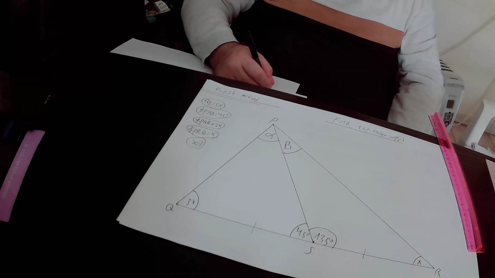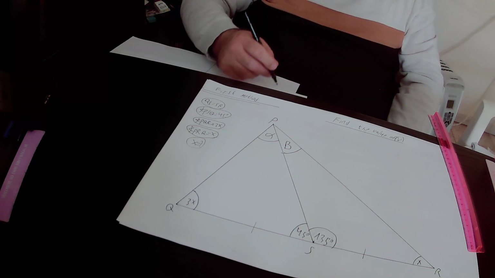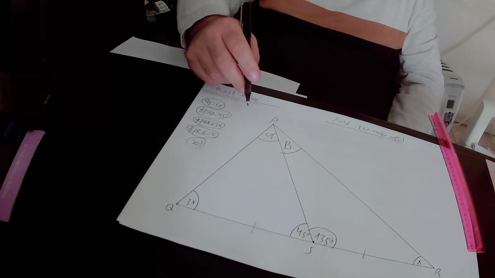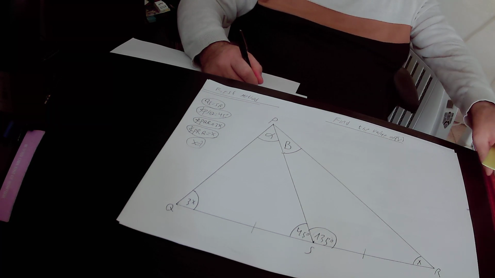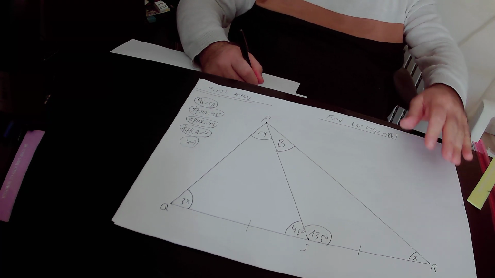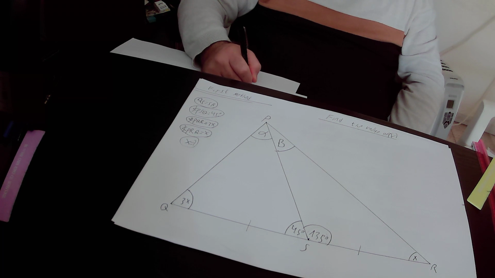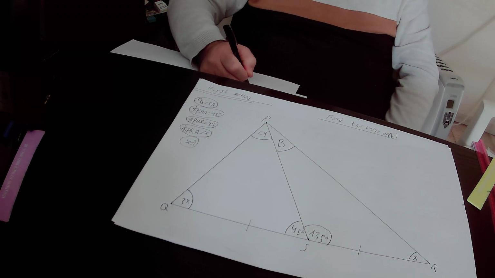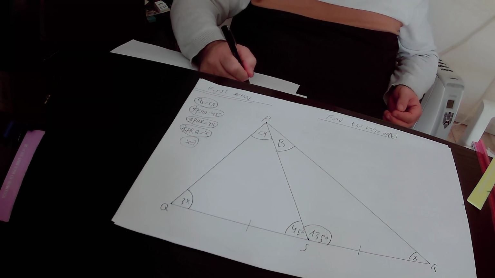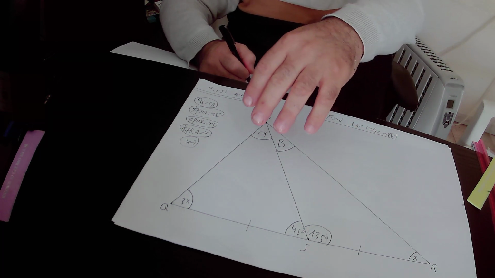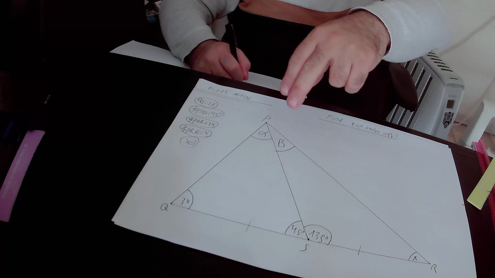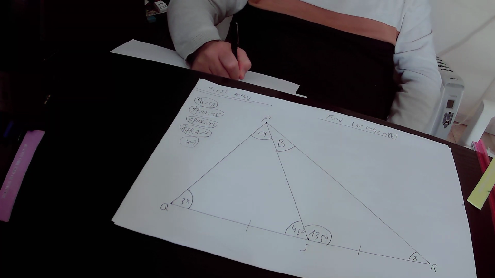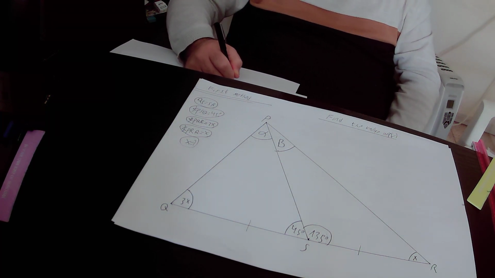That is to say, alpha plus 3x plus 45 degrees must be equal to 180 degrees.